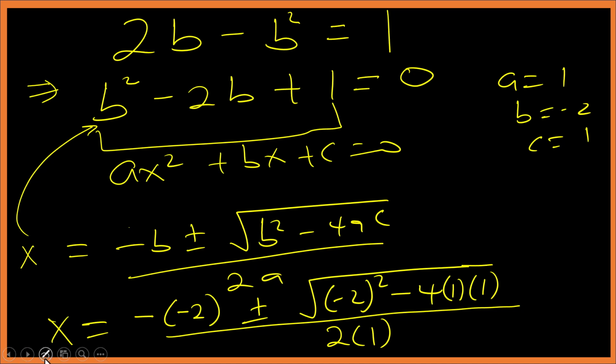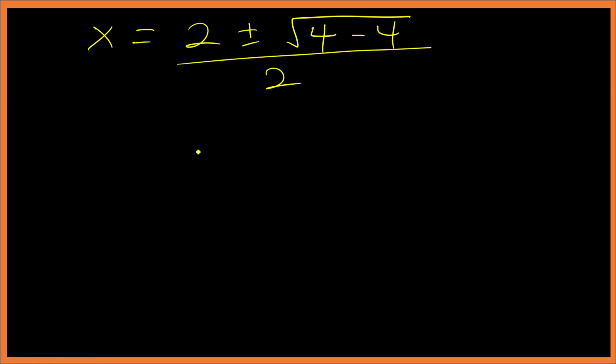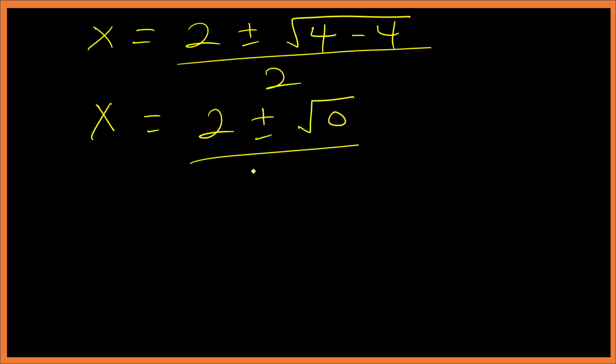Okay, so this side will be x equals 2 plus or minus the square root of 0 over 2. So this side is 0. So we have x equals 2 plus or minus 0 on 2.